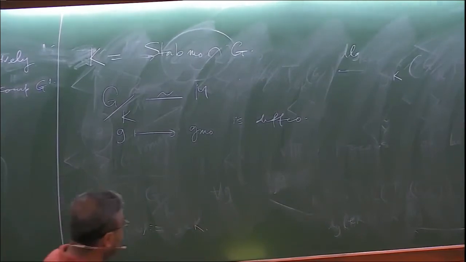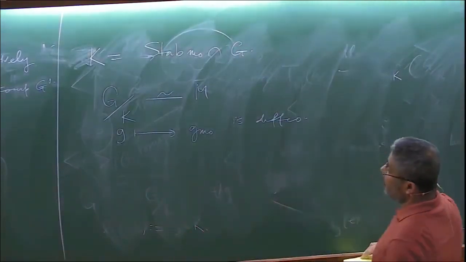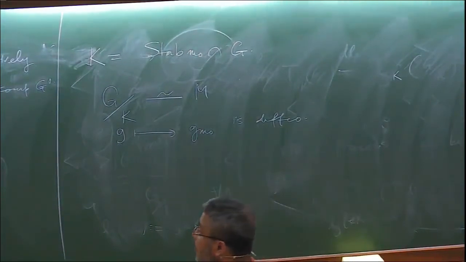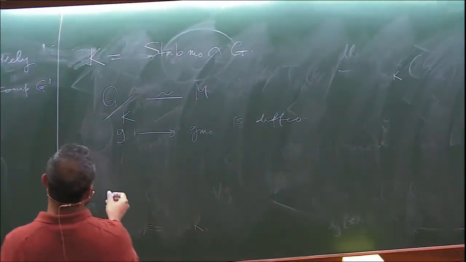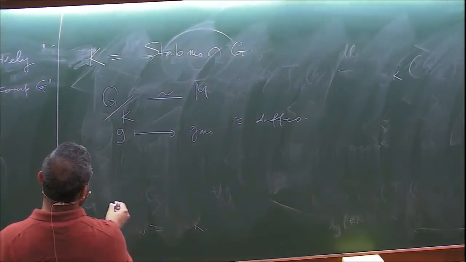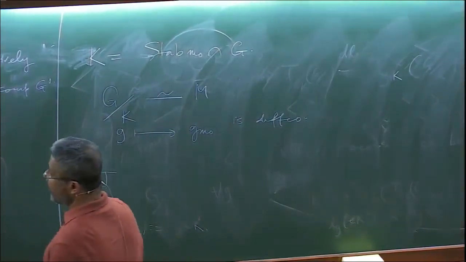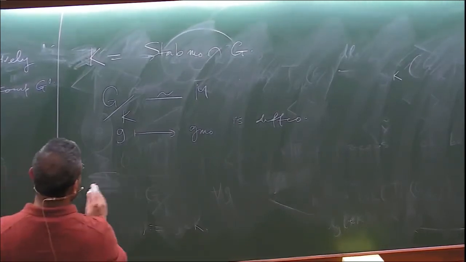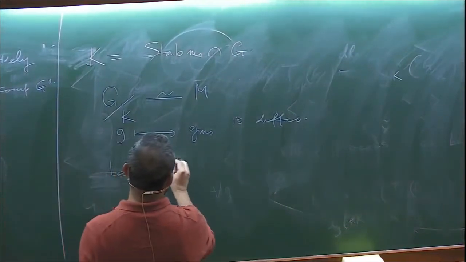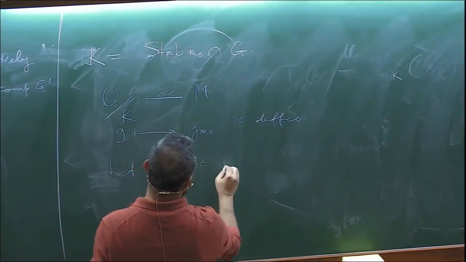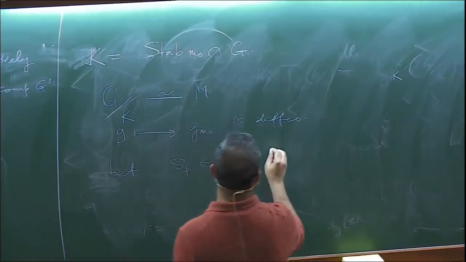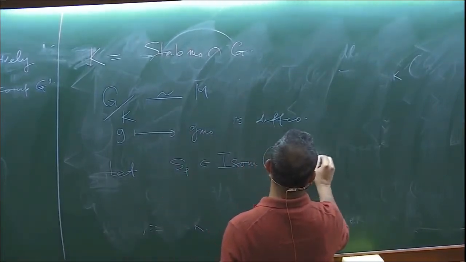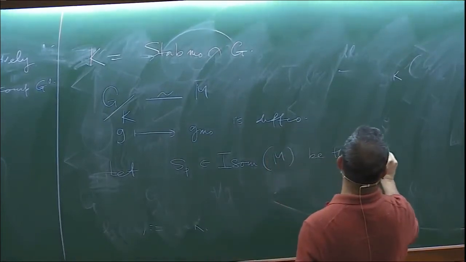And now I'm going to... all right, so what is sigma? I have to get an automorphism of order 2 inside this group, and that I'm going to produce from the symmetry that I get. So let S_m0 in isometry M be the symmetry, because this is a symmetric space.